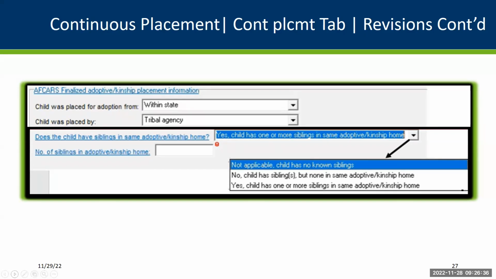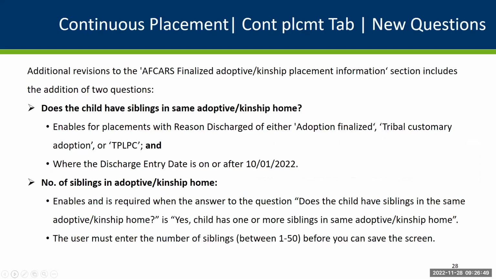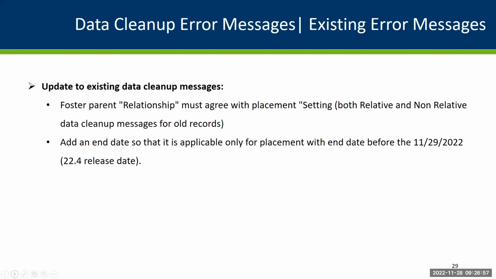You enter a number, there's no selection, but you'll enter the number 1 through 50, depending on the actual number of siblings in the home. So that's slide 28. Slide 28 has everything that I just covered for you there. And then we're going to move on to slide 29.